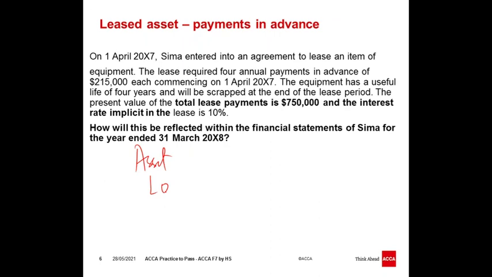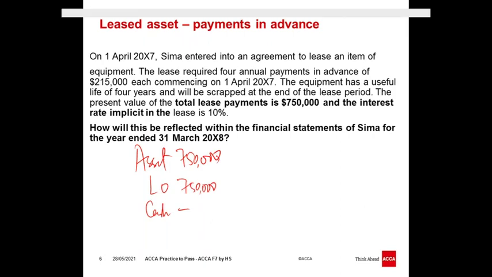As we don't have any down payment, there will be no cash at the time of getting the lease asset. The liability should be recorded at the present value of the future lease payments, and then the asset will be recognized at the same time. So now this asset will be depreciated as normal, and the liability will be amortized.